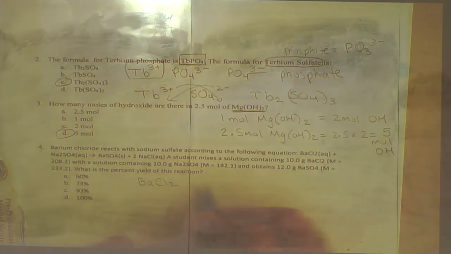Yeah, good question. All right, so number 4: barium chloride reacts with sodium sulfate according to the following equation. First things first, I'm just going to write the equation right here to make it all one thing. Okay, so that's the equation they gave us.